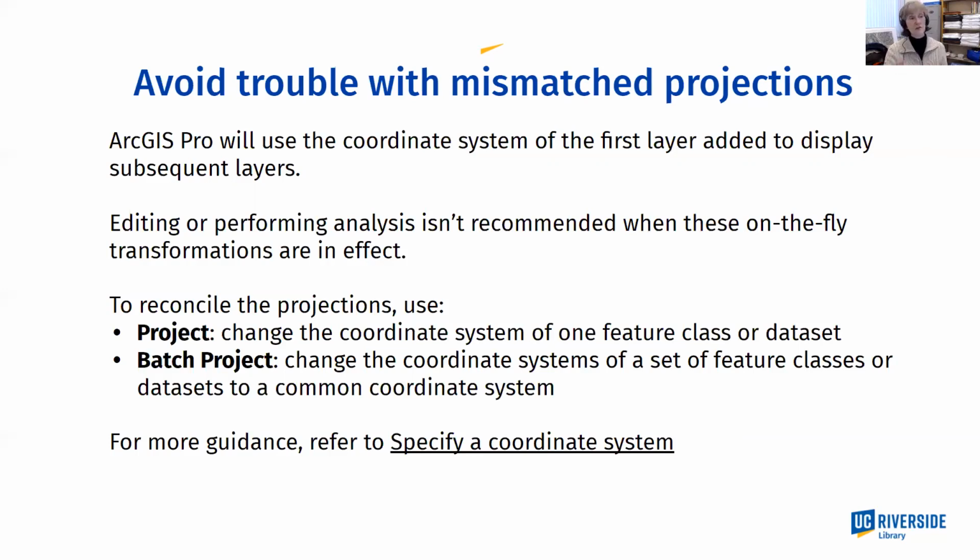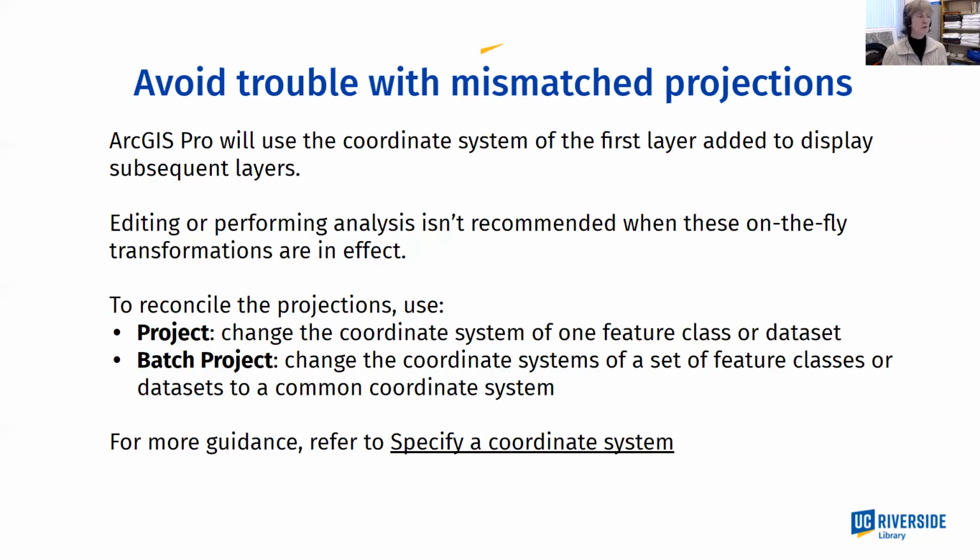Now that's fine if you're just looking and noodling around, but if you're getting really serious about analysis, I need to make absolutely sure that my data is sitting right where it should be, I need to do some editing, and so forth, just relying on this on the fly reprojection is not recommended.